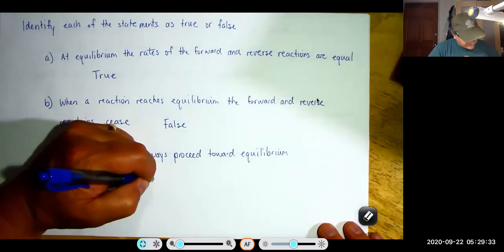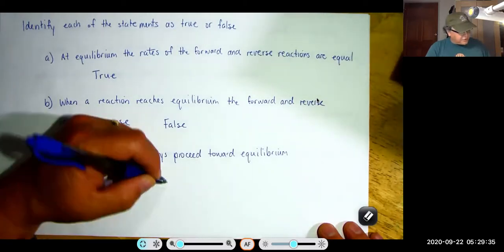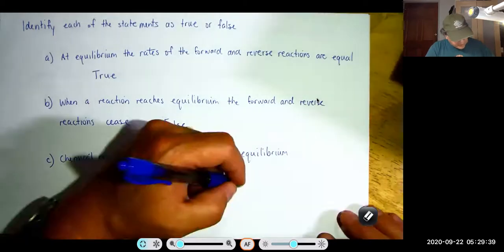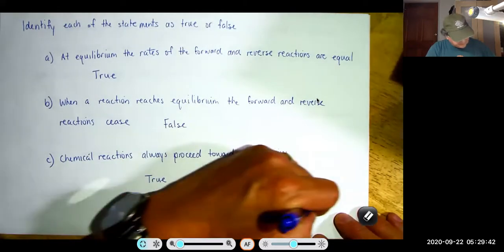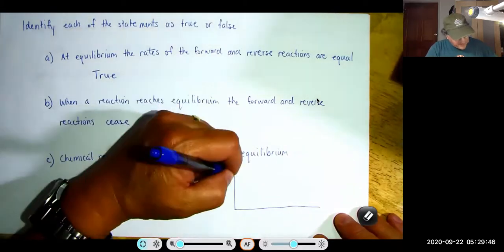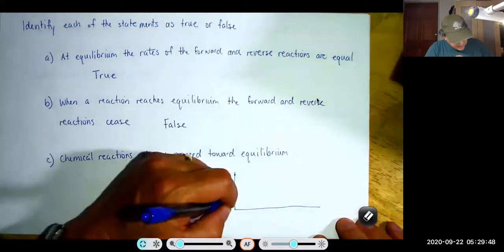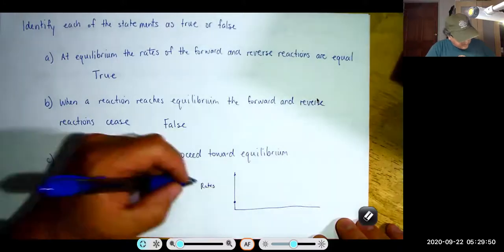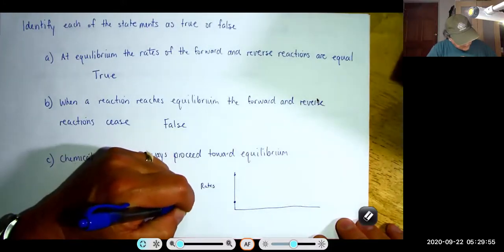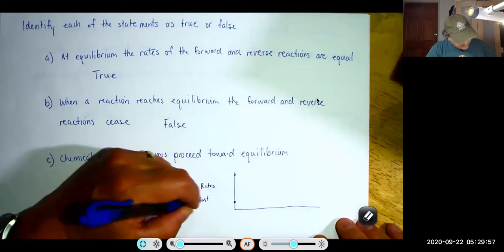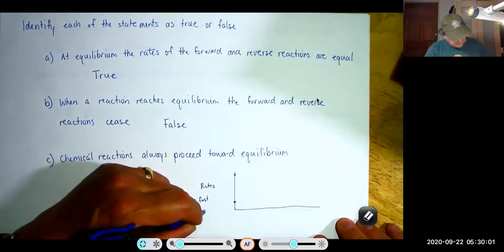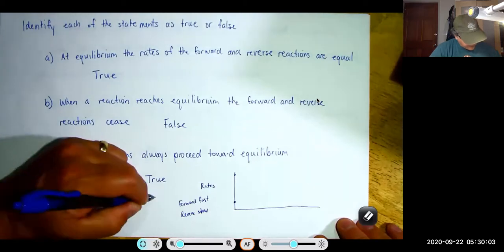Now, we didn't talk about this in detail, but it turns out that when you have these rates that are different, so if we take a look at the rates, if the forward rate is fast and the reverse is slow. So I'm going to signify that by this.